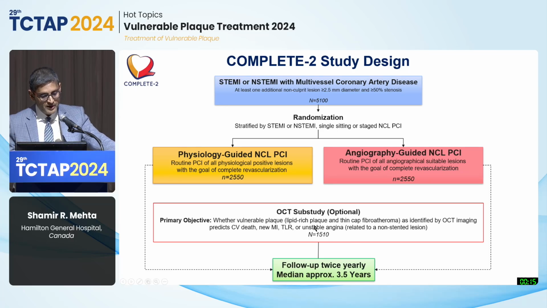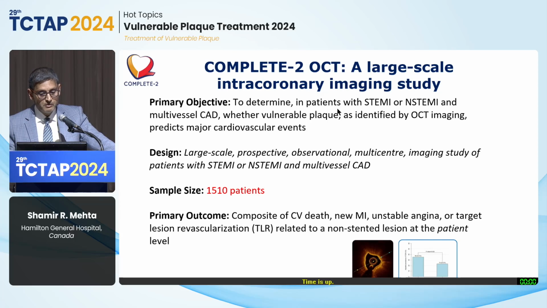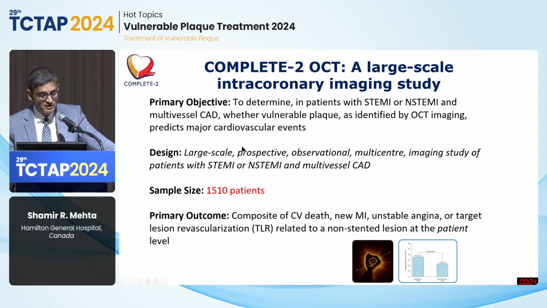We have no idea how the findings that we see in the non-culprit lesions correlate with clinical outcomes. That's the primary objective of the COMPLETE 2 OCT study: to determine, in patients with STEMI or non-STEMI and multi-vessel disease, whether vulnerable plaque, as identified on OCT imaging, predicts major cardiovascular events. It's a large-scale prospective study.